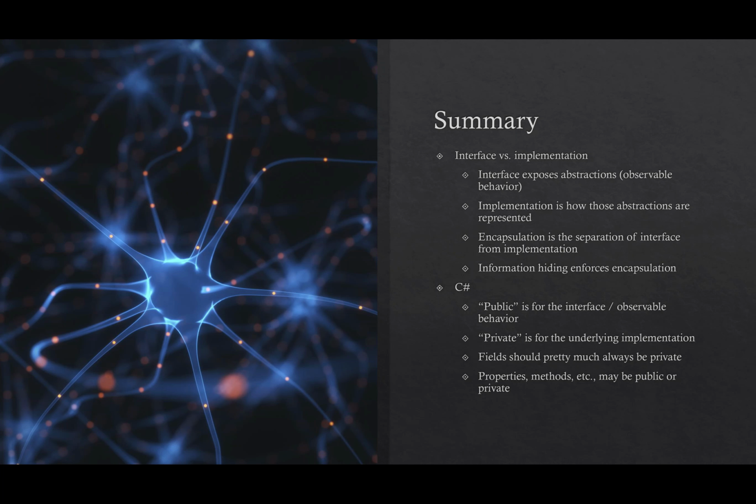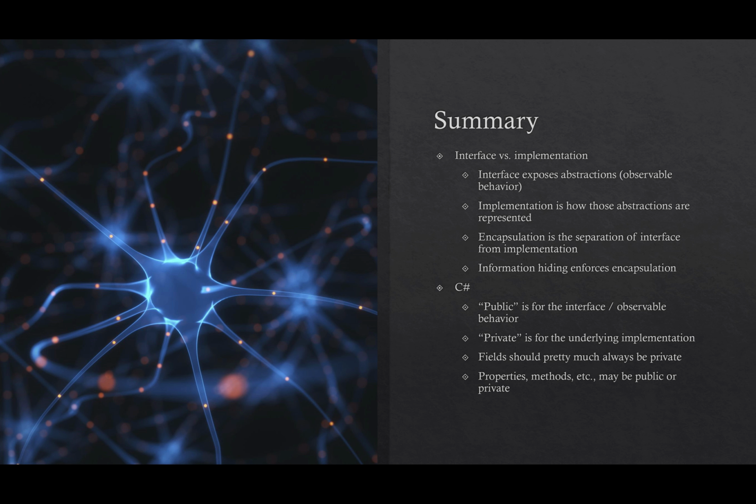So to summarize, we've learned how creating well-defined interfaces between different pieces of software is a key part of doing good software design. It allows you to manage complexity so you don't have to have every little detail of every part of a program in your head at once.